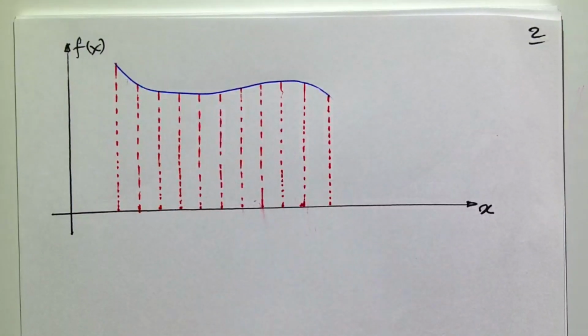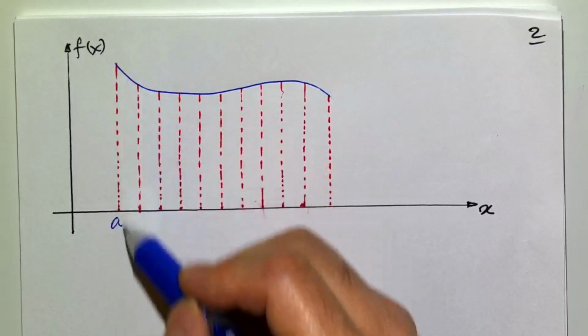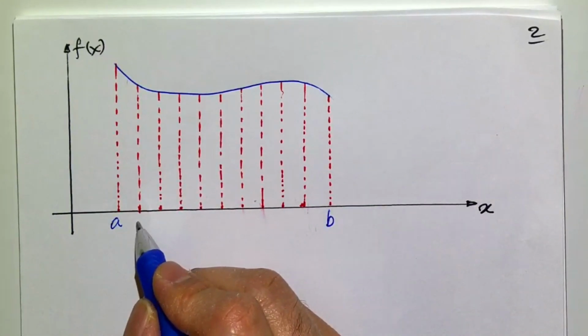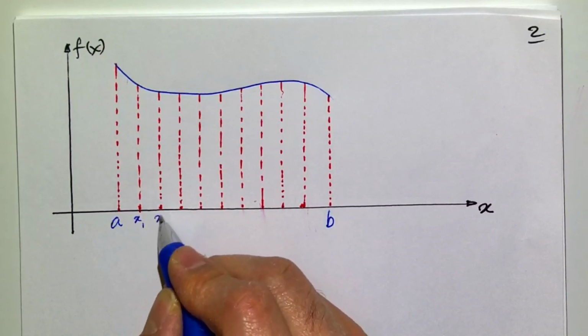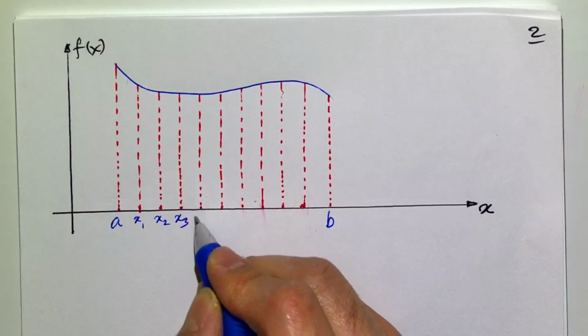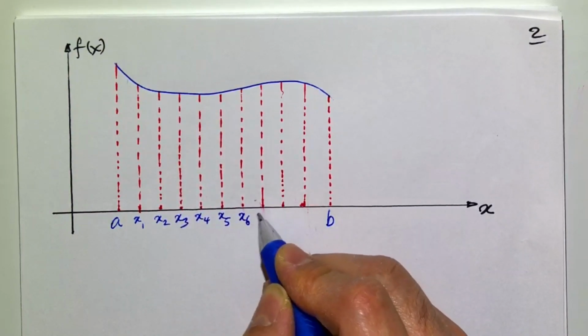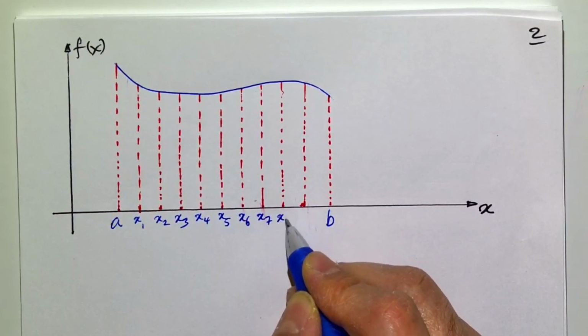And this time I'm going to, let's call this A. This is the beginning side. And this B. And then anything in between, well, let's give them a name. So let's say X1, X2, X3, X4, X5, X6, X7, and X8.